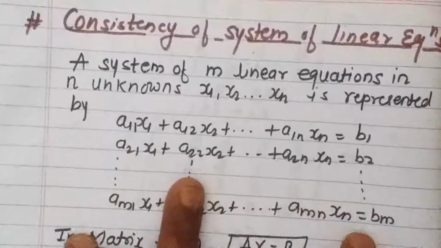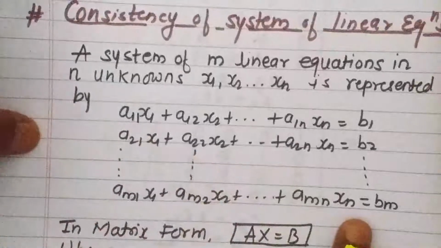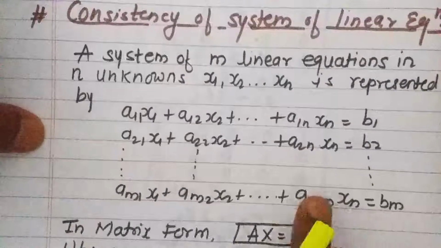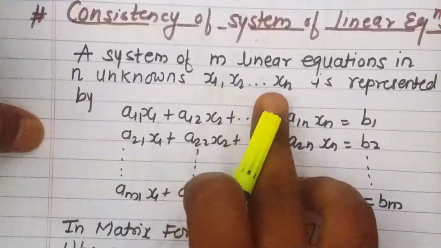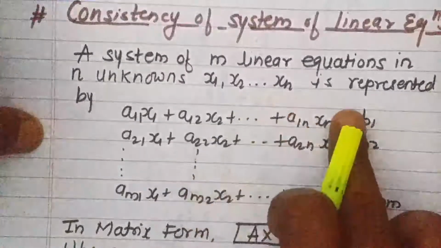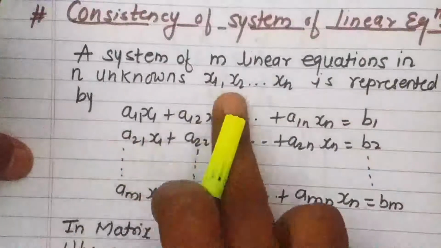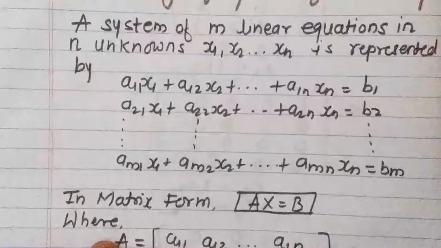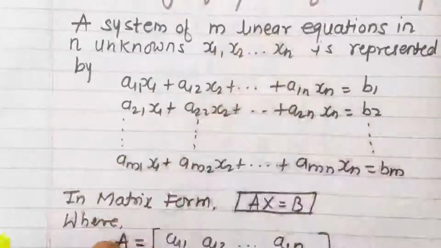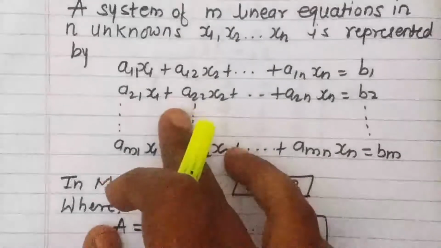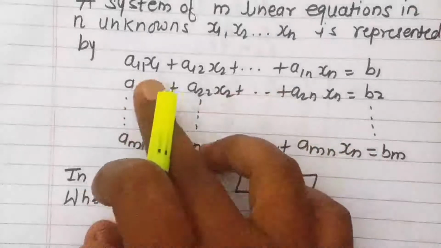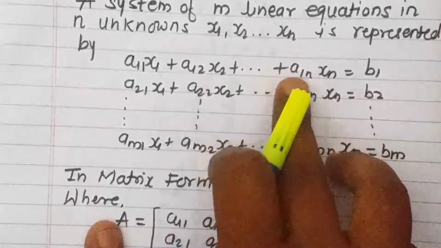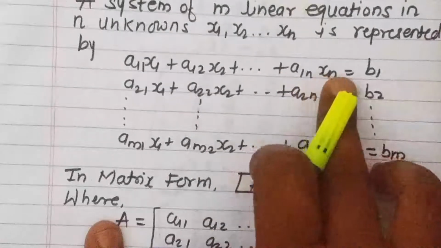So very first, what do we mean by a system of linear equations? A system of m linear equations in n unknowns x1, x2, up to xn is represented like this: a11 x1 plus a12 x2 plus dot plus a1n xn equal to b1.